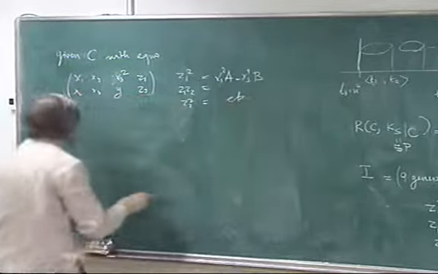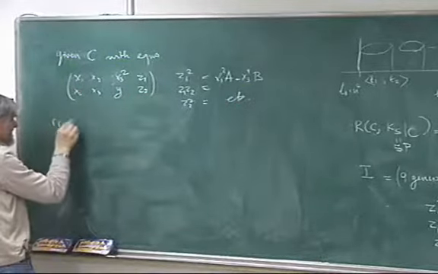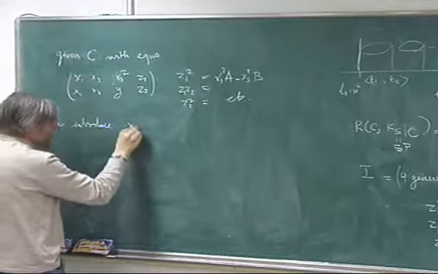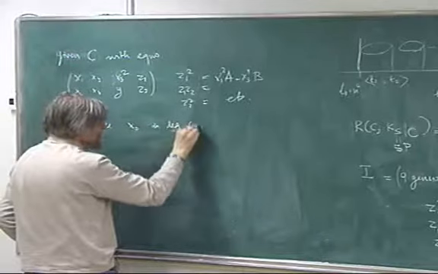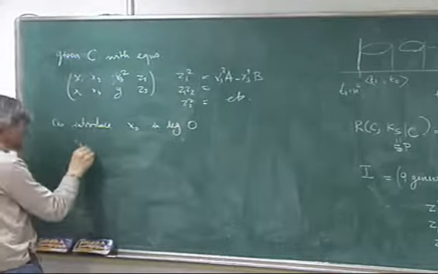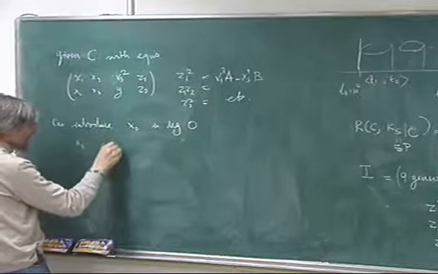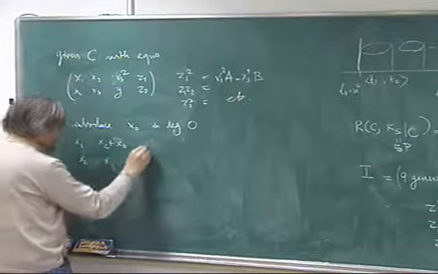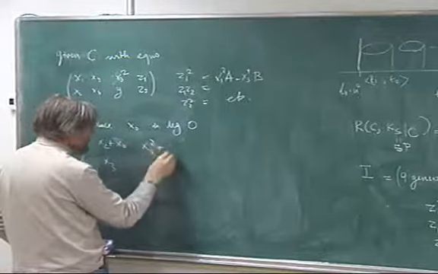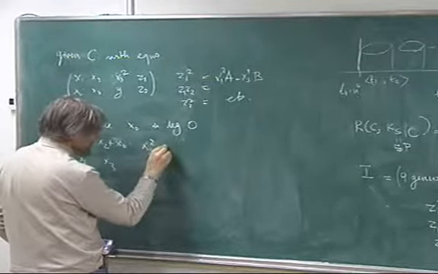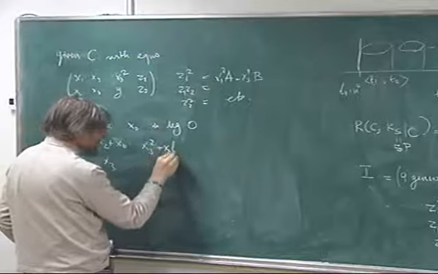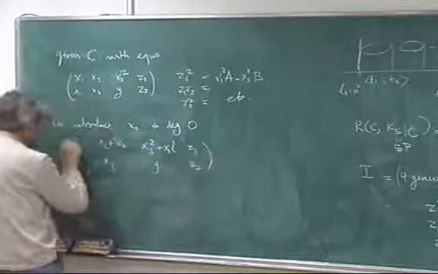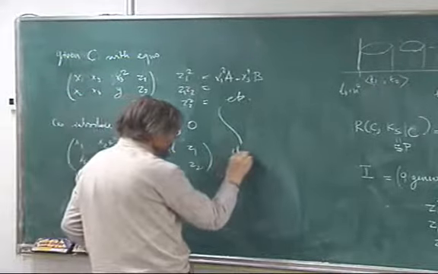Etc. I can change, I can introduce x naught in degree 0 and do x1, x2 plus lambda x naught. Let me just write plus x naught here. x2, x3, and then I can do x3 squared, and then I can do plus some multiple of x naught here, if I want, x naught times linear y, z1, z2. Right, and change as appropriate.